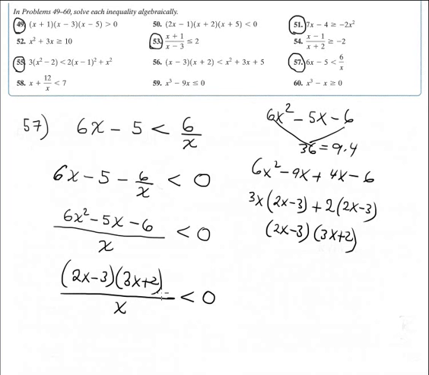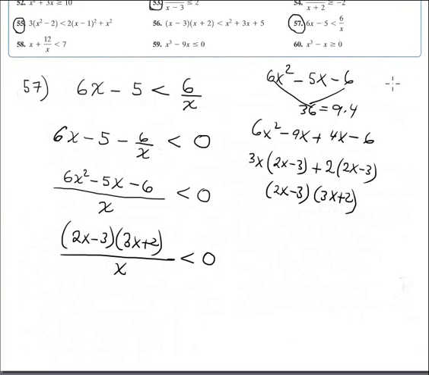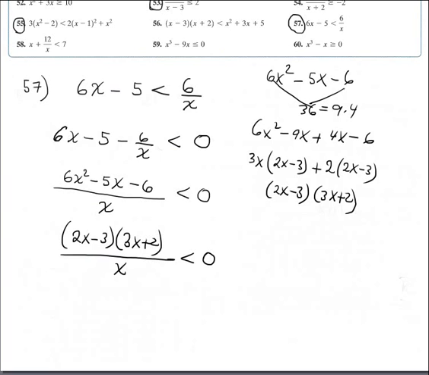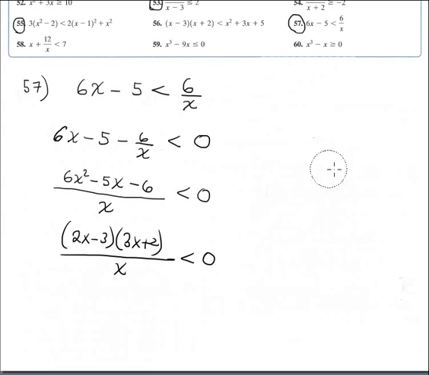Okay, so now we find the critical values and restriction. Okay, let me erase the factorization. This factorization is more important. Okay, critical value. Critical value is the zero. Is 2x minus 3 equals 0. This is 2x equals 3, divided by 2, x equals 3 halves.